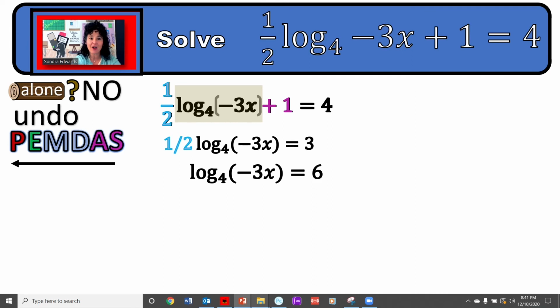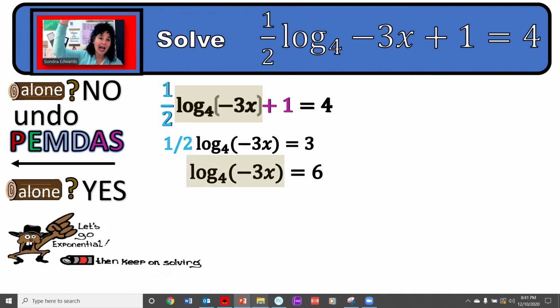Now we're going to go exponential. If we change this to exponential form, the 4 tunnels under like the beaver, and we have 4 to the power of 6. Then that logarithm is gone, and the only thing left over there is negative 3x.